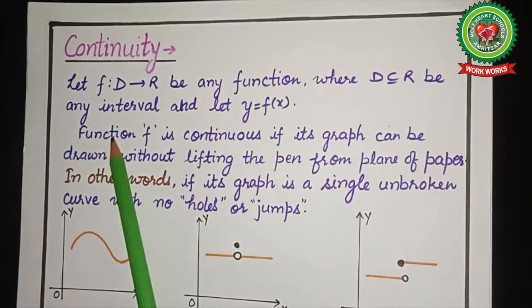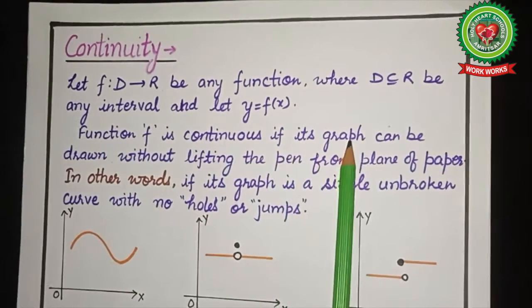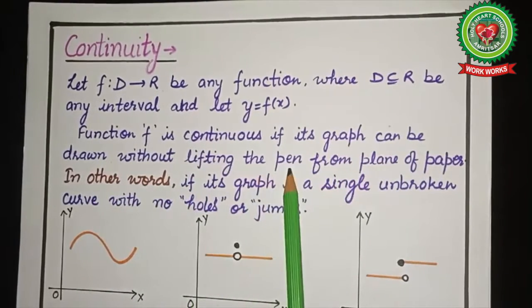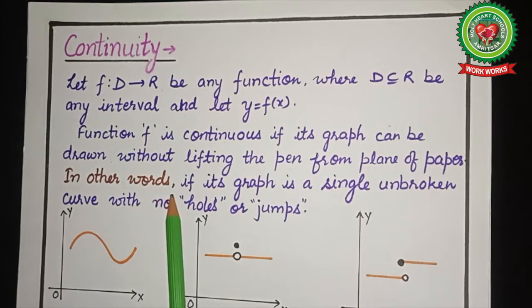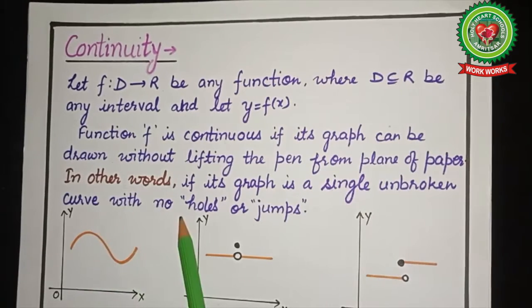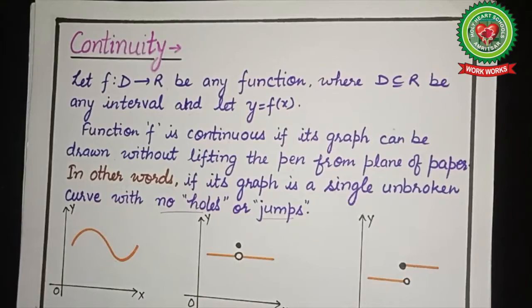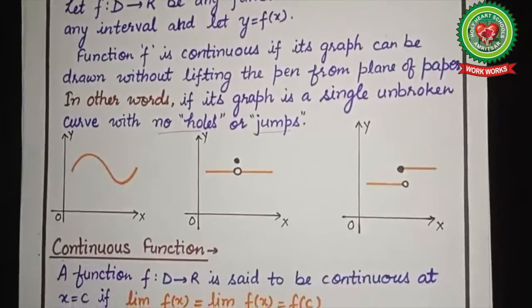Now, function f is continuous if its graph can be drawn without lifting the pen from the plane of paper. So in other words, we can say that if its graph is a single unbroken curve with no holes or jumps, then it is called continuous. Let's see some graphs of it.